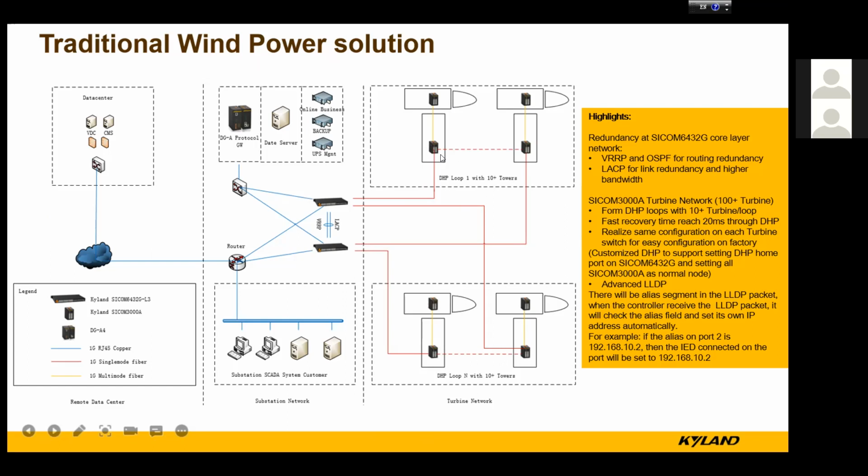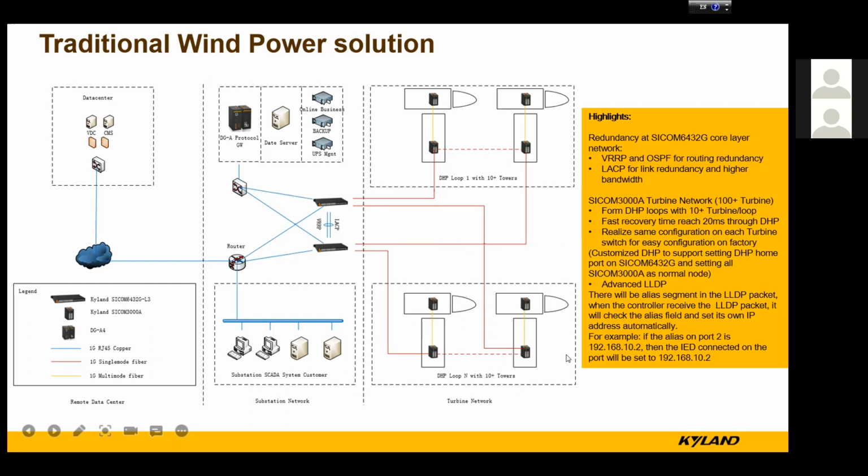So in this solution, we provide the DHP protocol. But actually, our DHP protocol also could not meet the requirements at the first stage, since according to DHP, the 2 ports connecting with the core level shall be the whole node, and the switches between these 2 whole nodes shall be normal nodes.